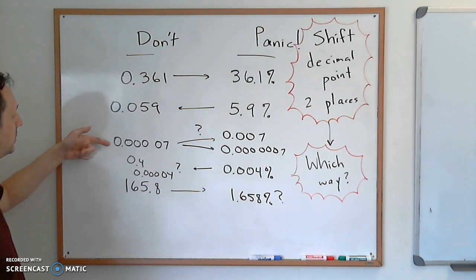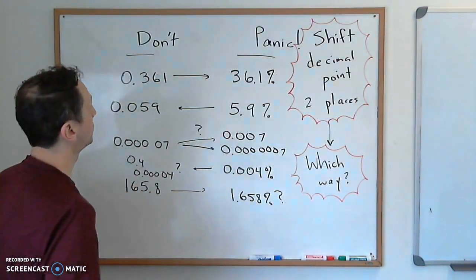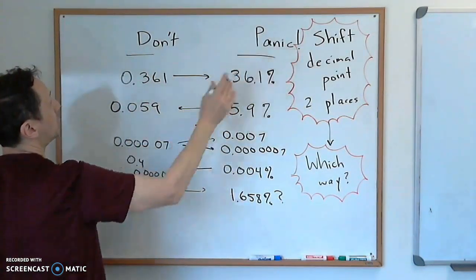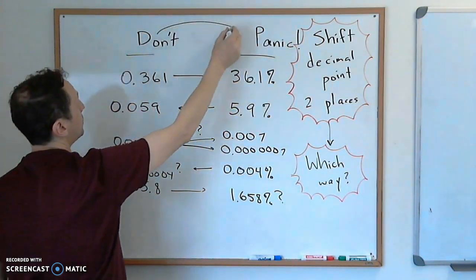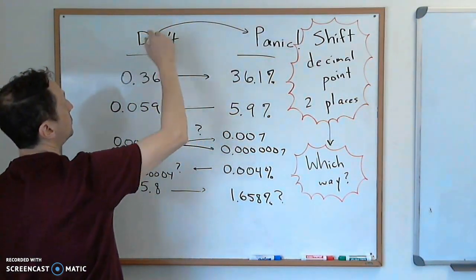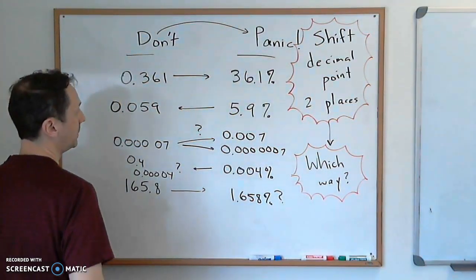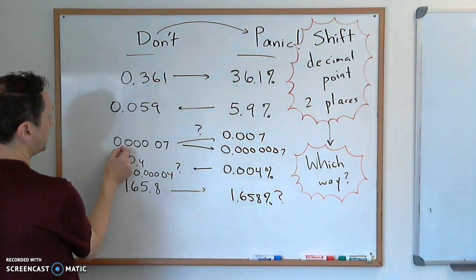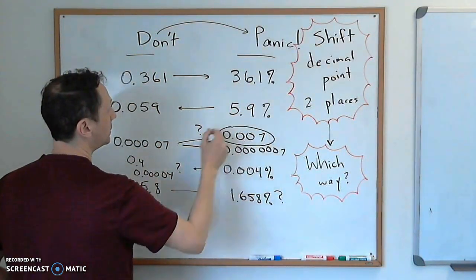Here I give you a decimal, 0.00007. We're converting it to a percent. According to the don't panic mnemonic, when you're converting from a decimal to a percent, you're shifting to the right. You think about moving from the D to the P. So that reminds us that we're going to shift this decimal point 2 places to the right, and the correct answer is 0.007.